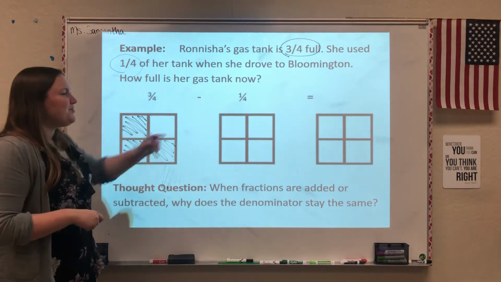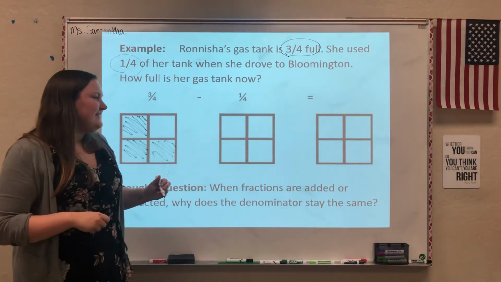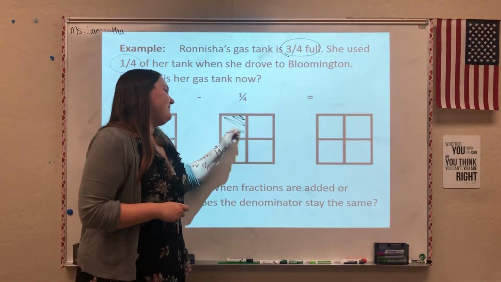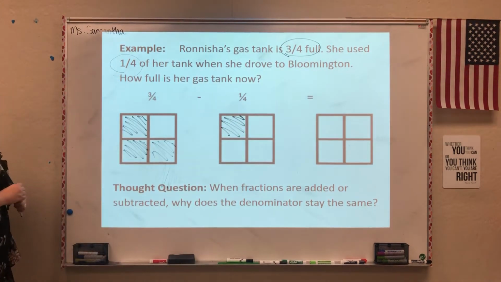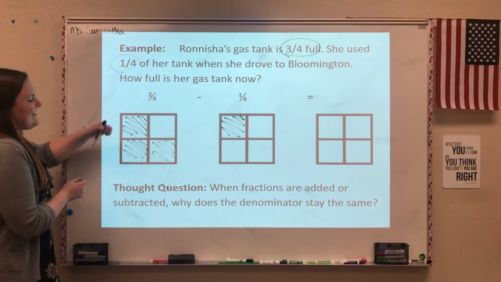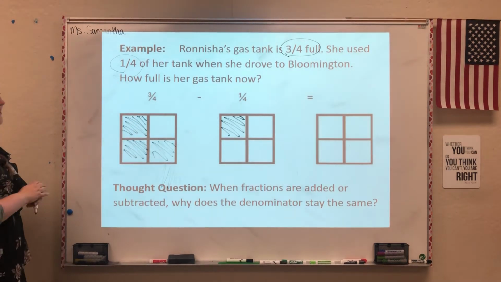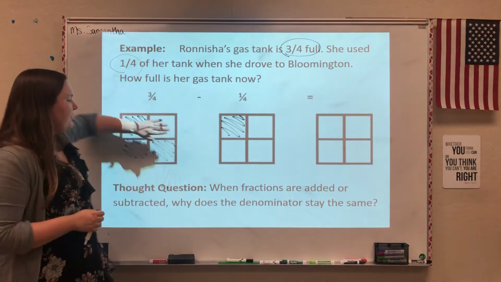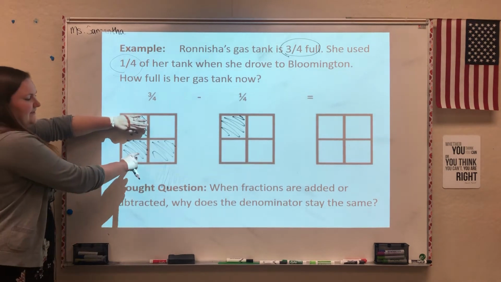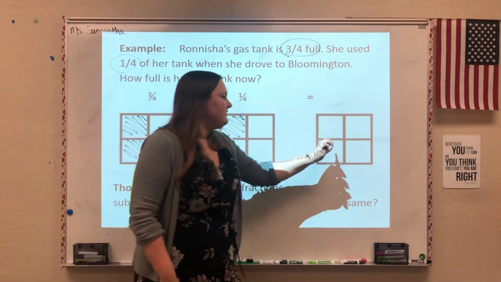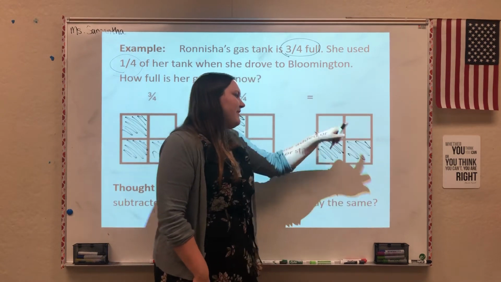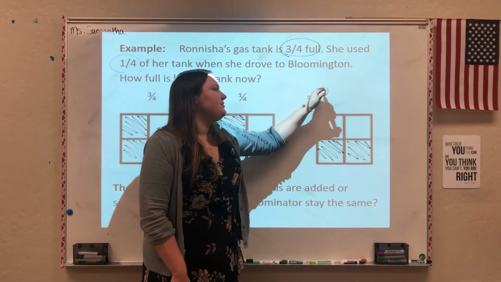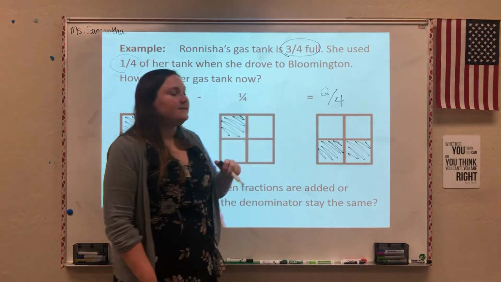So we want to subtract out 1/4. We want to take away 1 of those 4 parts there. When you do that, picture taking out that 1 square there. Well, if I take out that 1/4 she used, it's leaving these 2 parts here left. And that picture I've just drawn is 2/4.